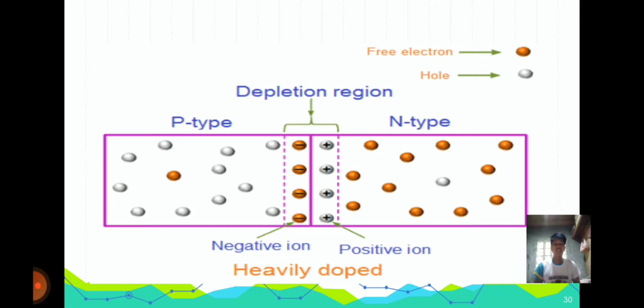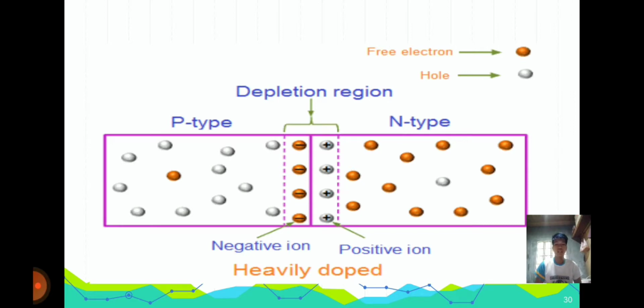When a heavily doped n-type semiconductor is joined with a heavily doped p-type semiconductor, a p-n junction is formed. In the n-type semiconductor, a large number of free electrons is present. Due to this, they get repelled from each other and try to move from the higher concentration region, the n side, to a lower concentration region, the p side.